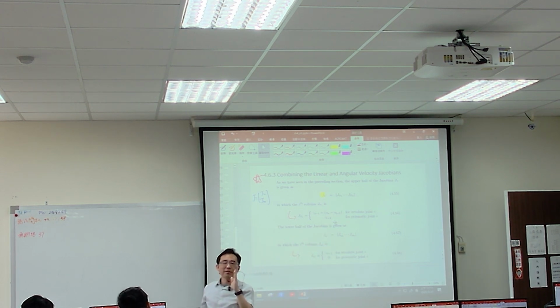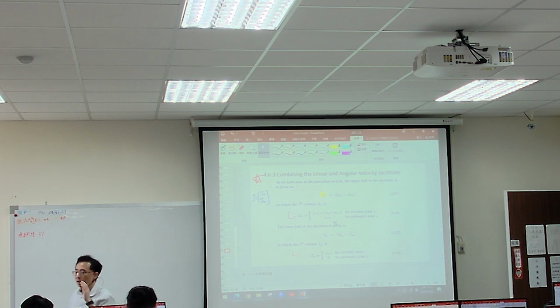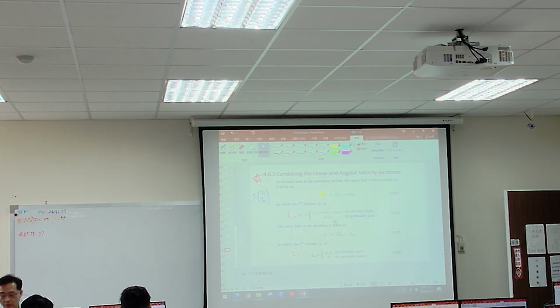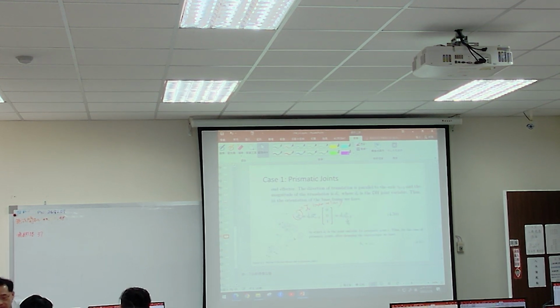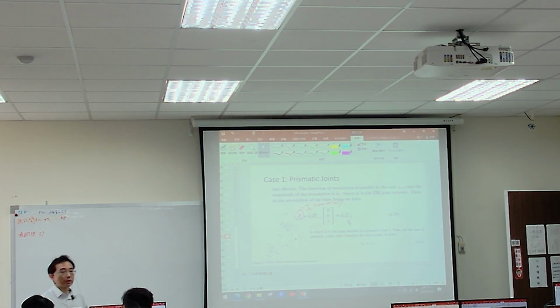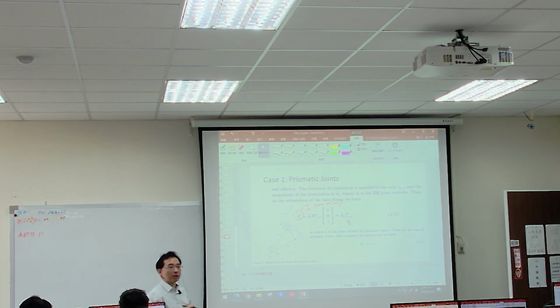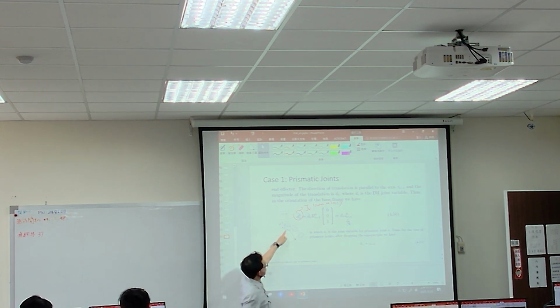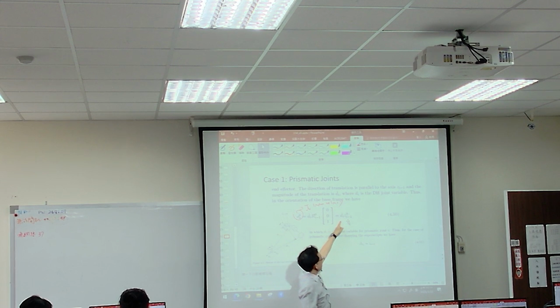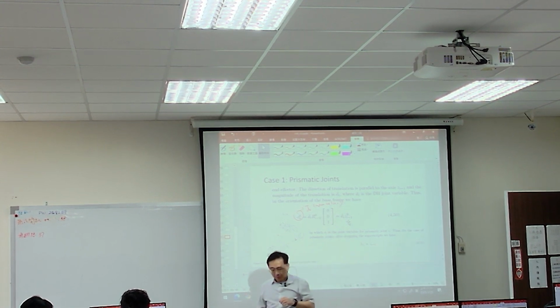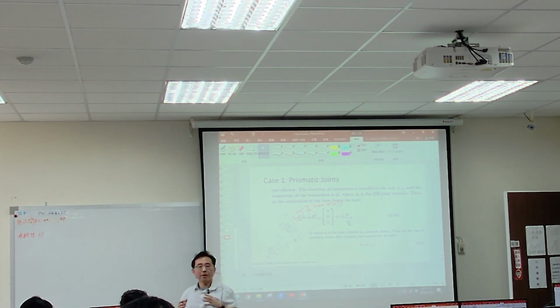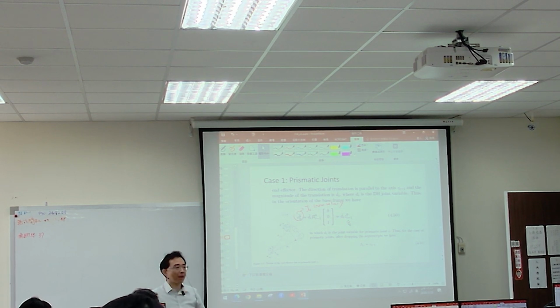Where is the axis vector? Where is the origin vector? What is the origin vector? This is z_(i-1). But how about the velocity? The velocity is a linear velocity because this joint is prismatic, d_i. So the Jacobian item comes out over there.